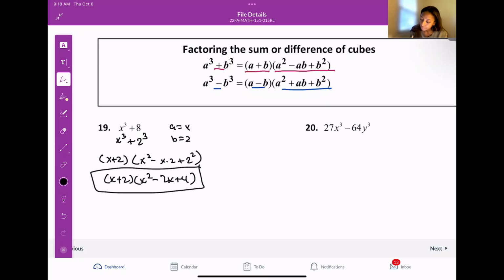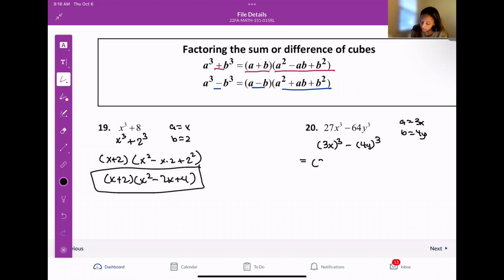All right, for the second one, 27x to the third minus 64y to the third. 27 is 3 cubed, so this is 3x all cubed, and 64 is 4 cubed, minus 4y all cubed. So this is a difference of cubes where our a term is 3x and our b term is 4y.